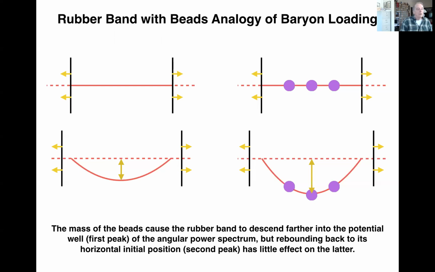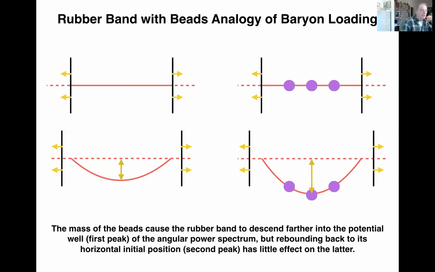And if the timing were right, this rubber band would reach its maximum depression at the time of decoupling. And you can see that the presence of the baryons causes the rubber band to be stretched further than it would have been stretched if the beads weren't there. Well, the beads represent the baryons that are coupled to the radiation.